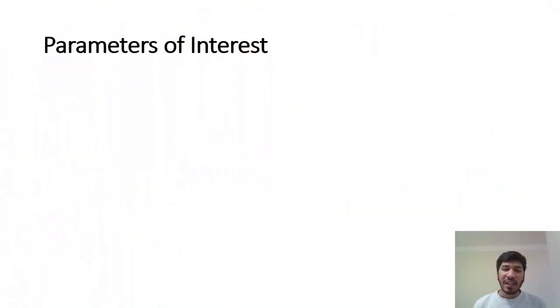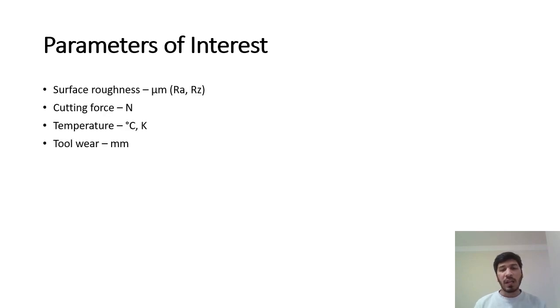The measurements that we do in machining and manufacturing processes are for parameters that help us understand the process better, or in numerical studies, parameters that help us to validate the model that we have built, right? So what are these significant parameters? Usually, the four that you see here: the surface roughness, which is measured in micrometers, the cutting forces, the temperature, and the tool wear.